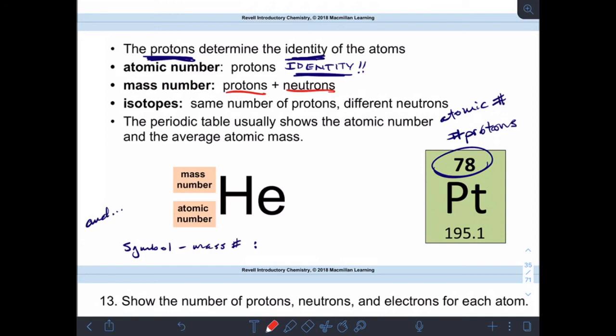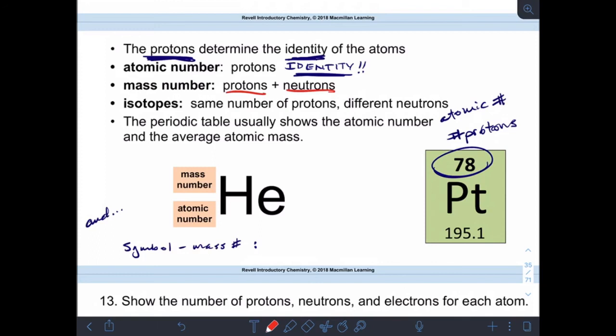So if the mass number is 12, 6 of those are protons, that means that the other 6 are neutrons. Now, isotopes have the same number of protons as any other atom of a particular element, but have a differing number of neutrons. And we'll talk about that a little bit more in a minute.